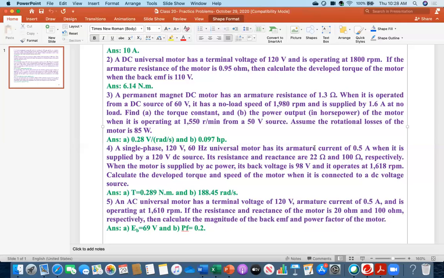Yeah, and then you plug in all those numbers. When I do it that way, I get 188.45.